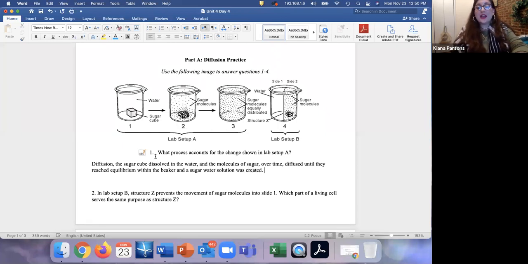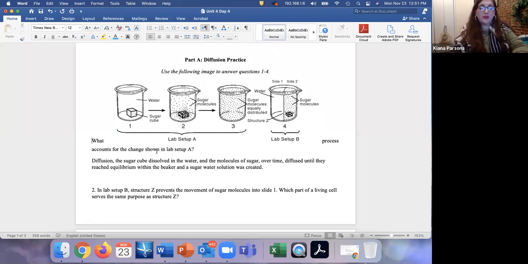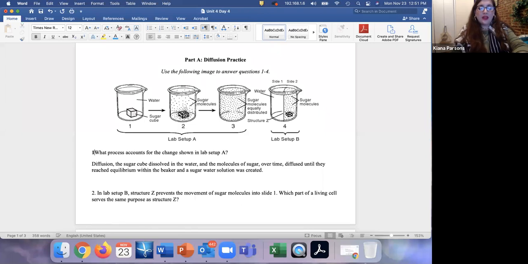Now, this might settle over time, depending on the sugar being used, or it might create a homogeneous solution. But at this point, right, this is now sugar water. This is a new solution. This is a chemical change.